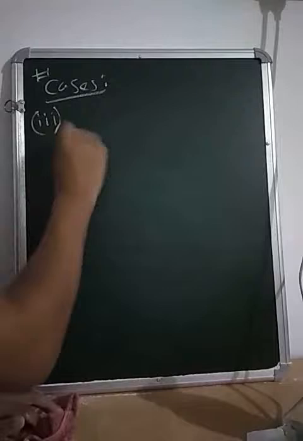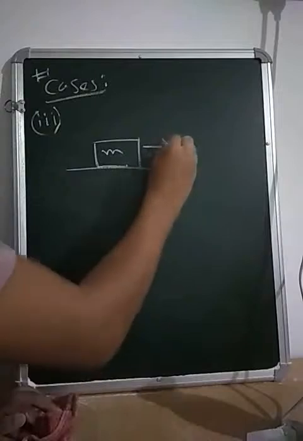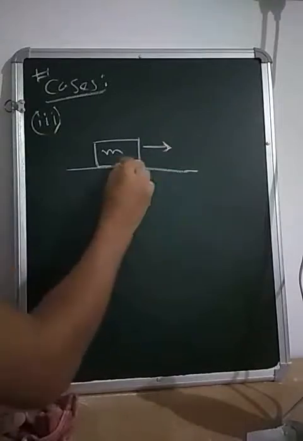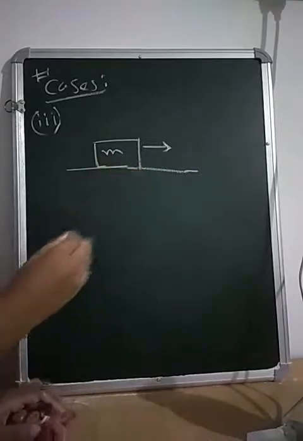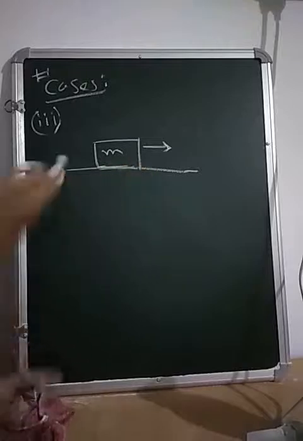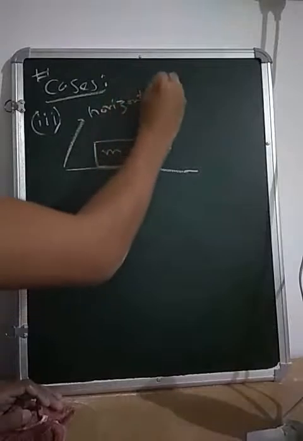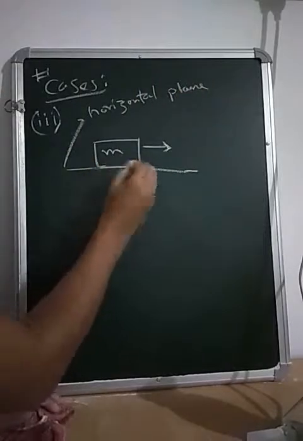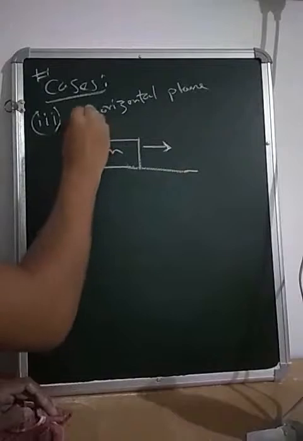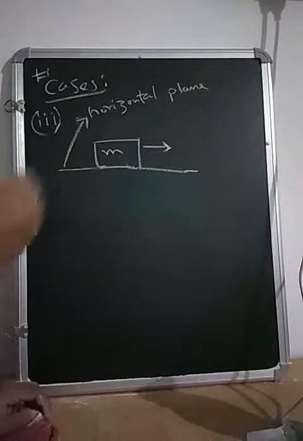I am giving an example for this. Suppose a body of mass m is moving in a horizontal plane in a certain direction and covers some distance. What forces are applied on this body?